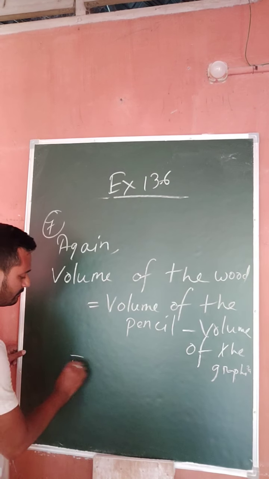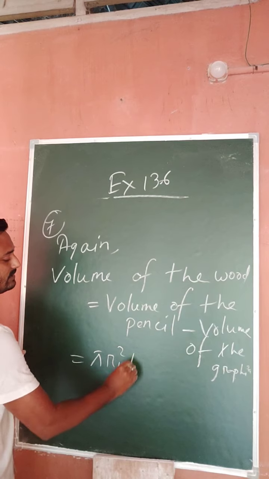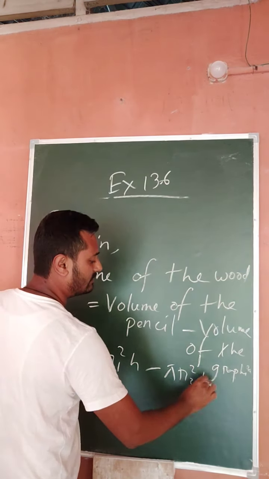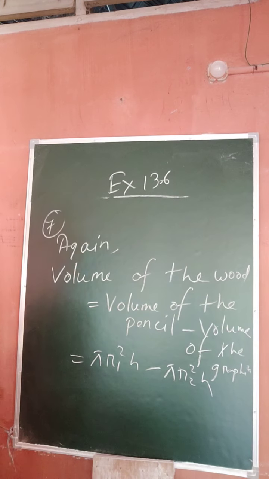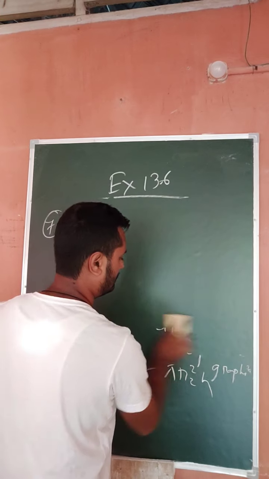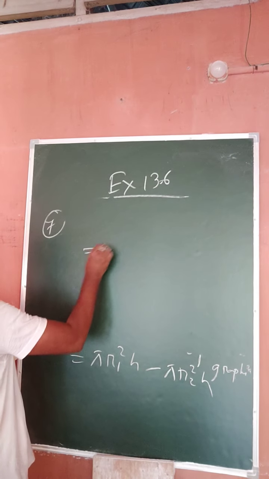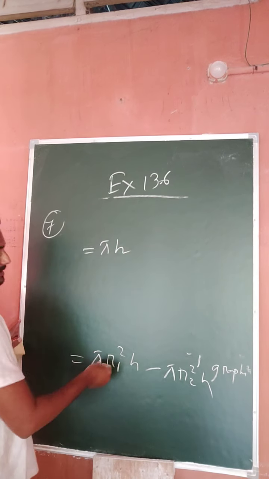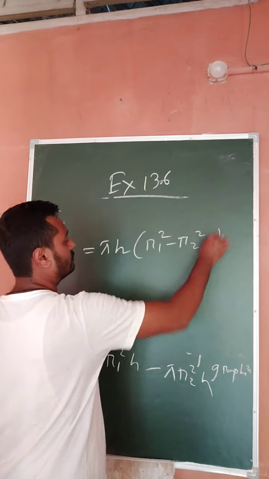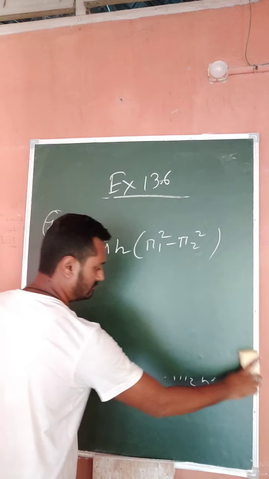So volume of the pencil is what? Pi R1 square H, and this one is pi R2 square H. If you take common pi H, then it will be R1 square minus R2 square.